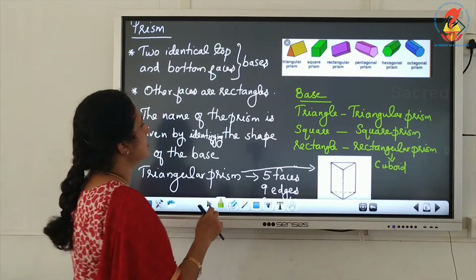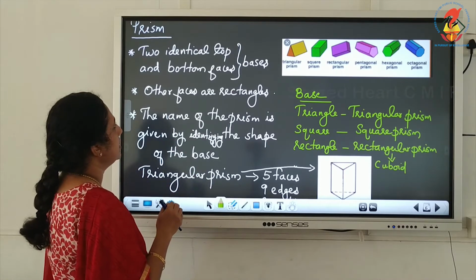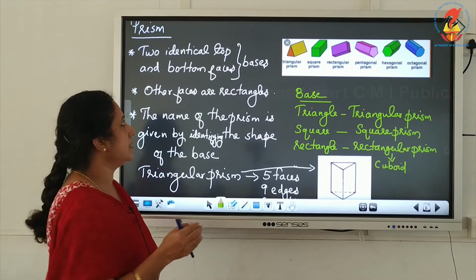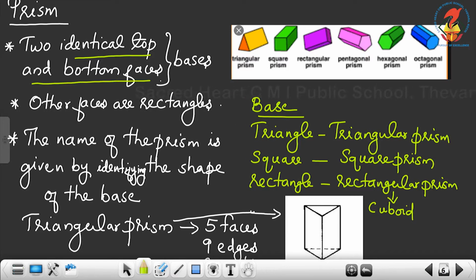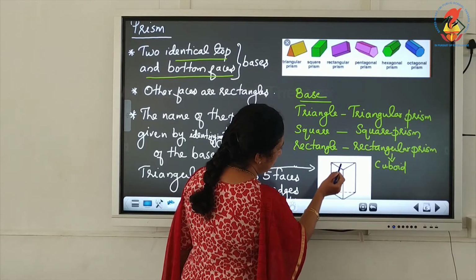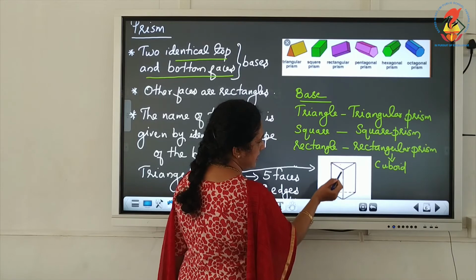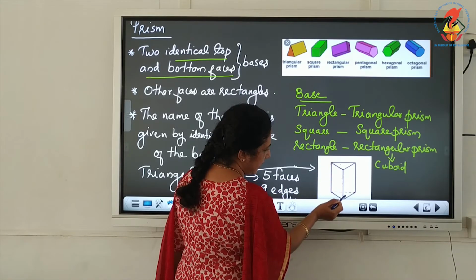Now the next one is a prism. You have already seen this shape, prism. The prism will have 2 identical top and bottom faces. Now look at this figure. The top and bottom faces are identical, same shape. What is the shape? Triangle.